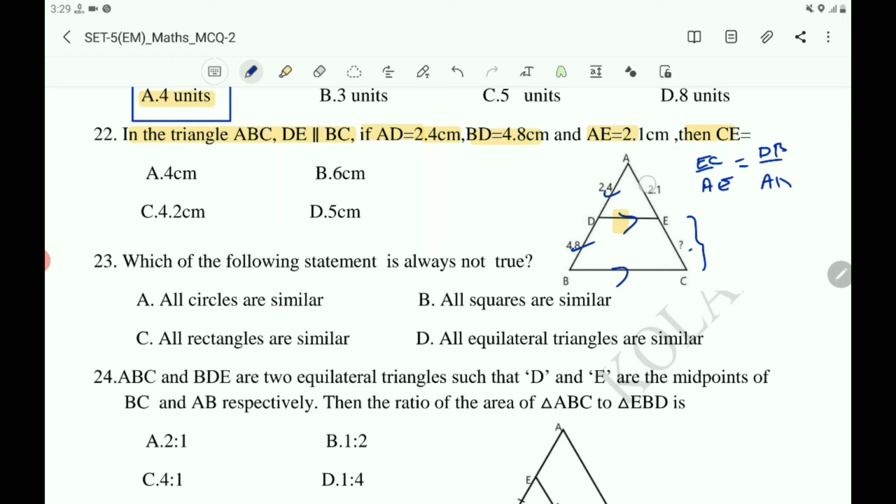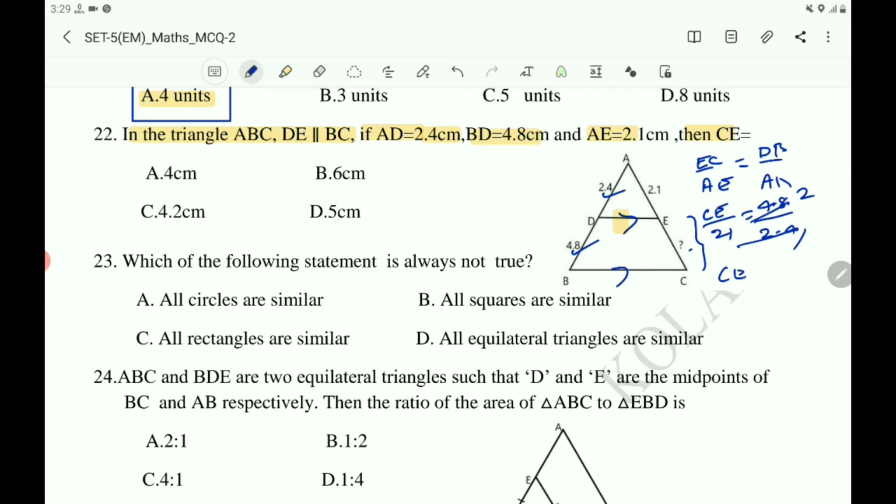So it is better to take CE by AE equals DB by AD, that is CE by AE, 2.1, equals DB is 4.8 and AD is 2.4. So 2.4 twos are 4.8.